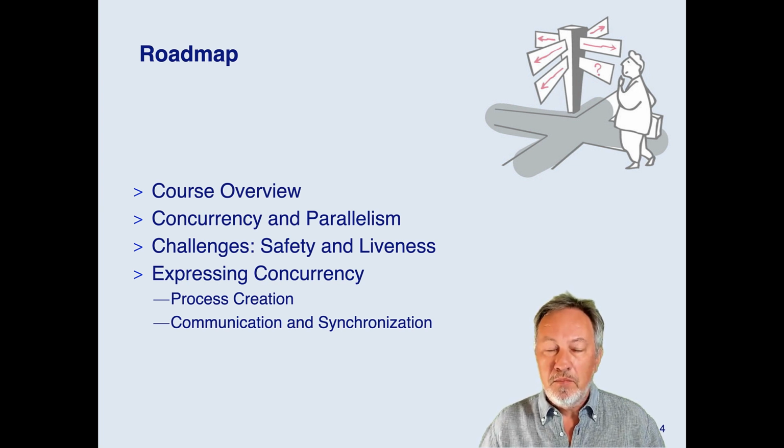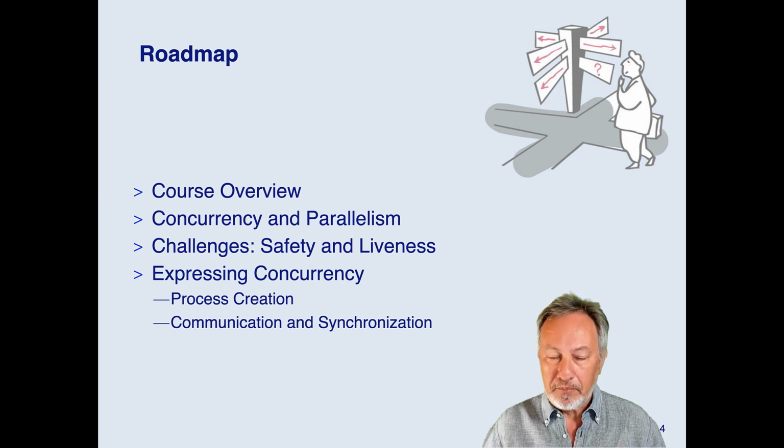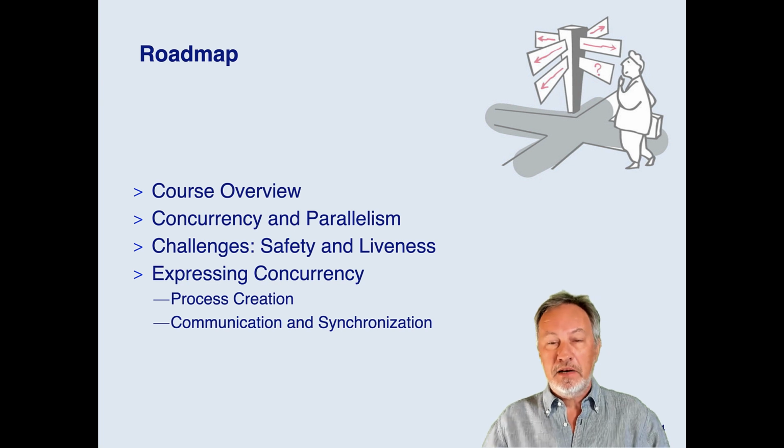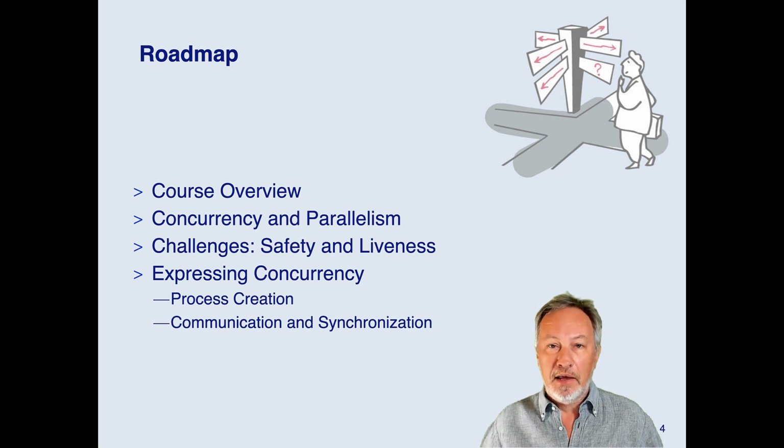Then two very important themes that will be running throughout the entire course are those of safety and liveness, so I will introduce those to you quite quickly. Finally, there are many different ways of expressing concurrency in programming languages, and we'll have a quick overview of some of these mechanisms and techniques that we found in programming languages historically up to the present day.